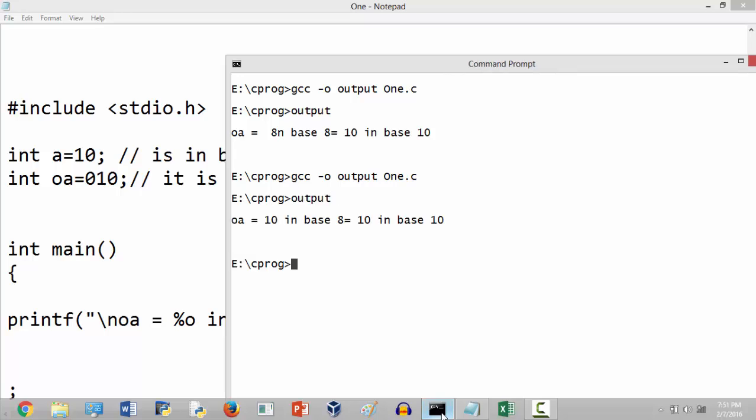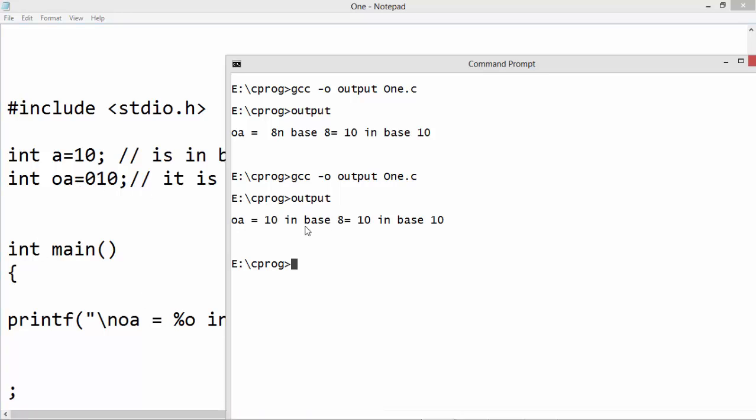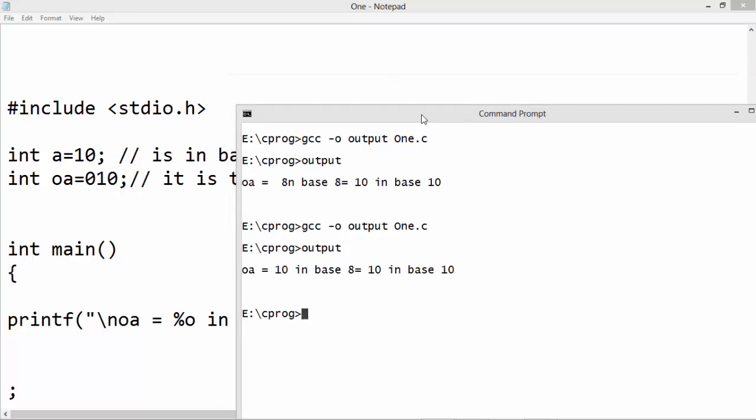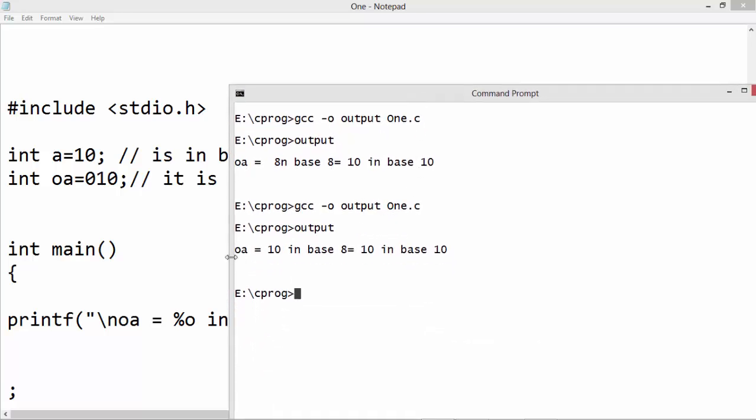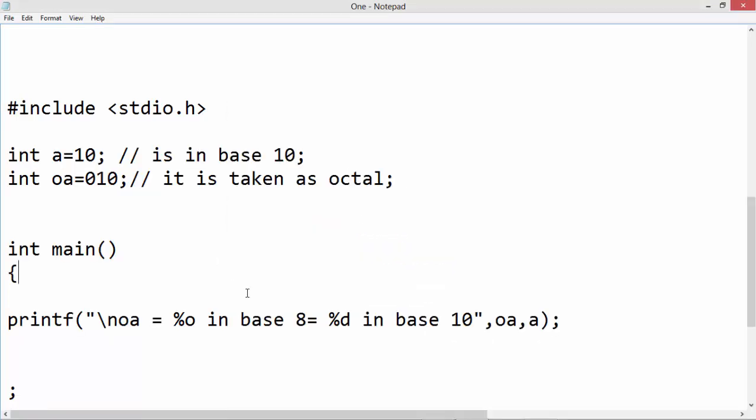So oa, 010 has been converted into 10 here, in base 8 it should be 8, right?